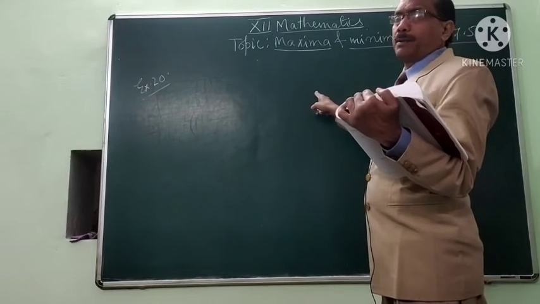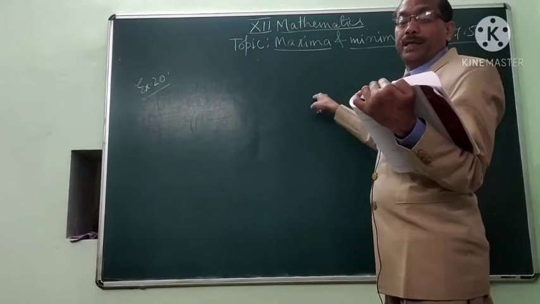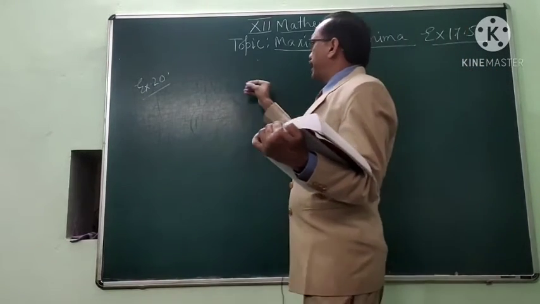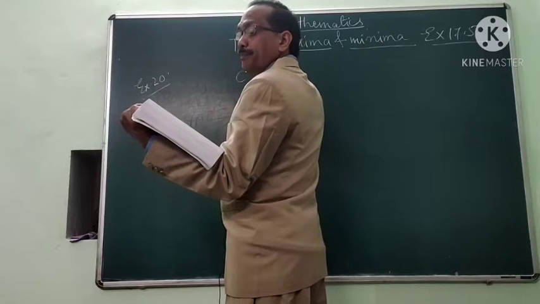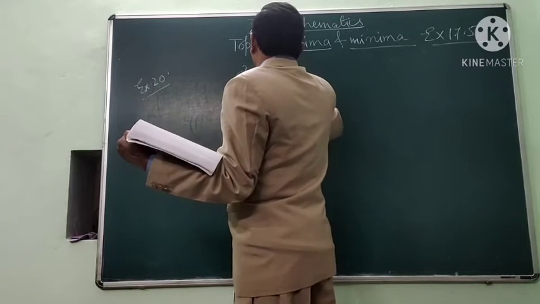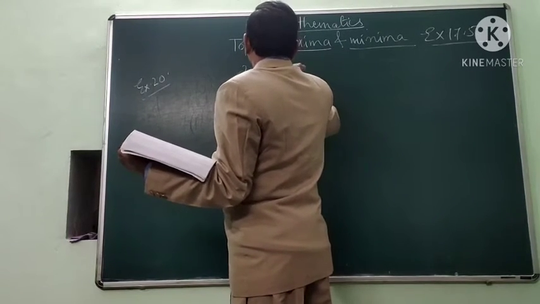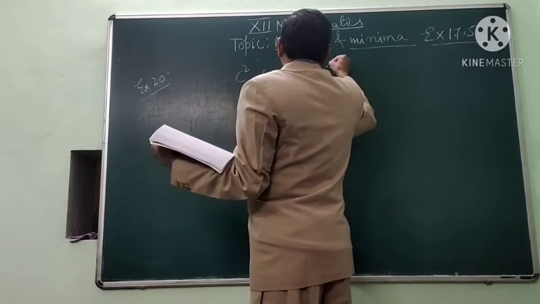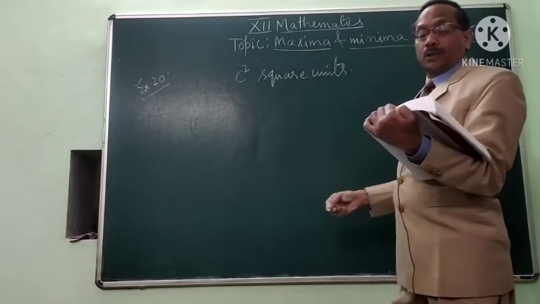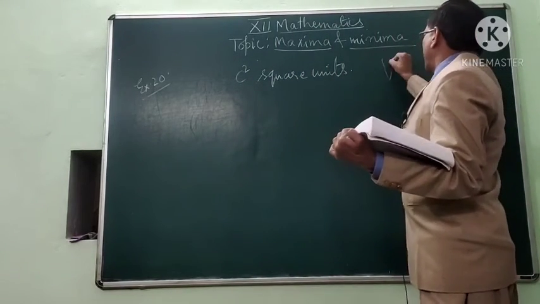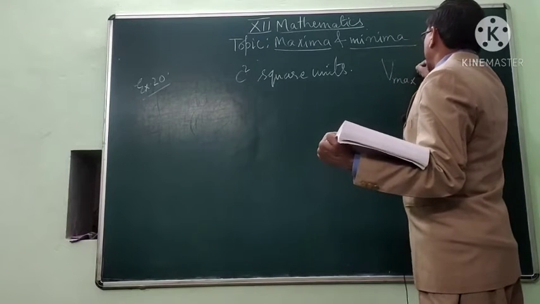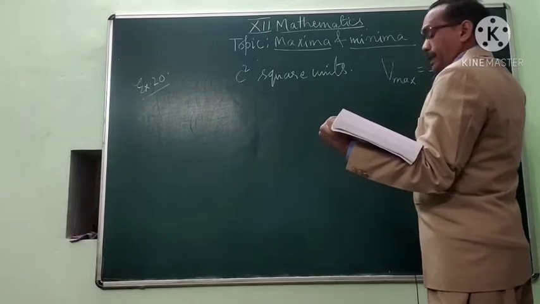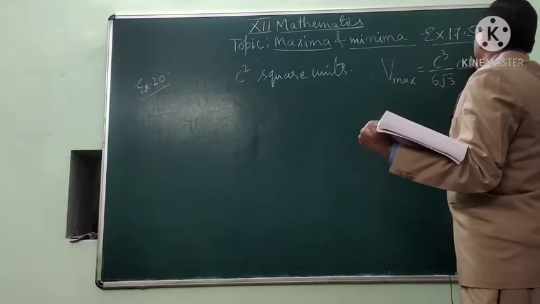An open box with a square base is to be made out of a given quantity of the cardboard of area c square unit, so that the maximum volume of the box V max is c cube upon 6 root 3 cubic unit.